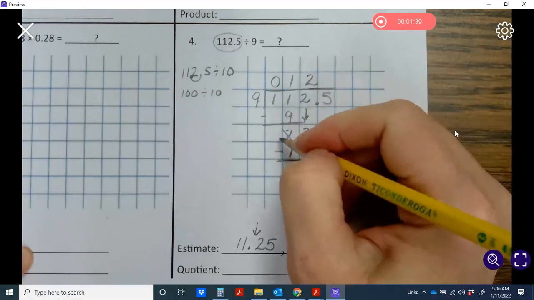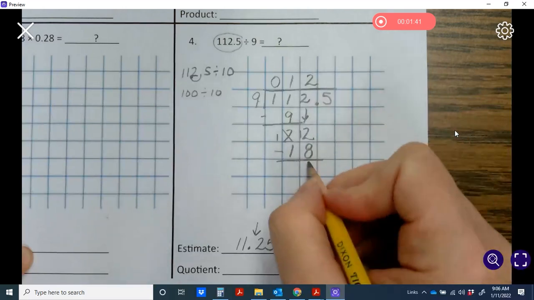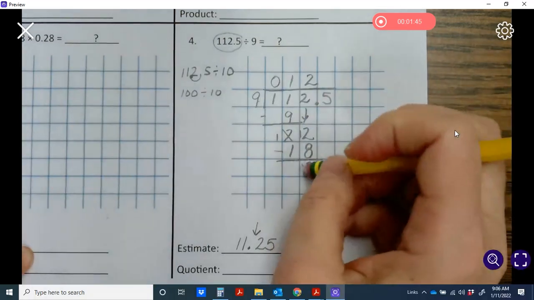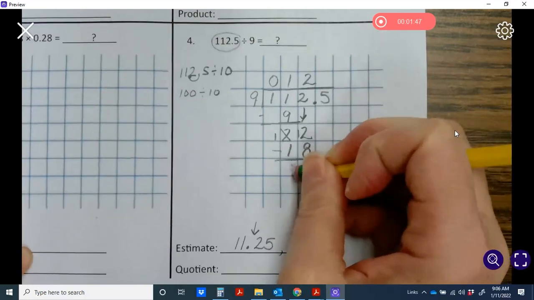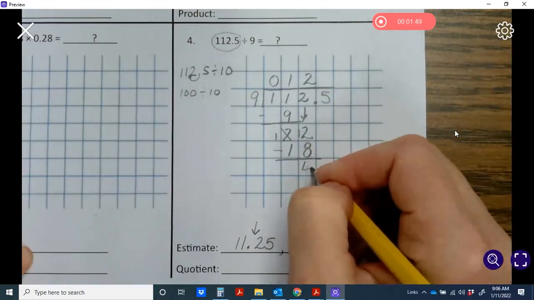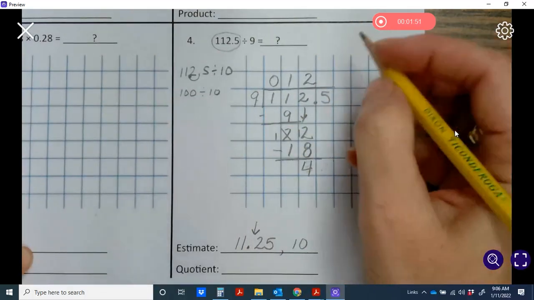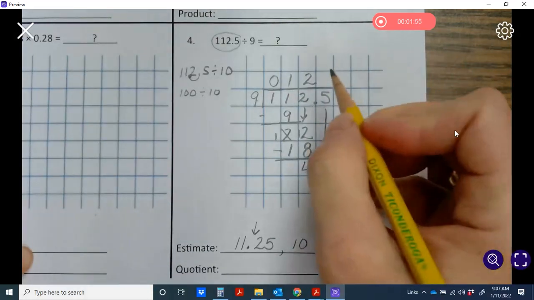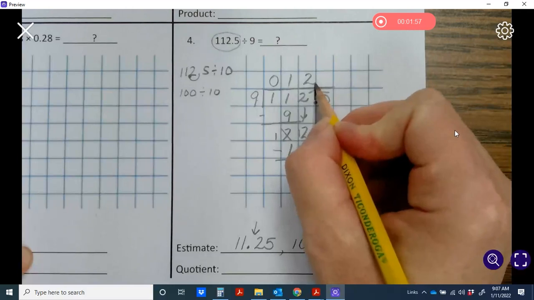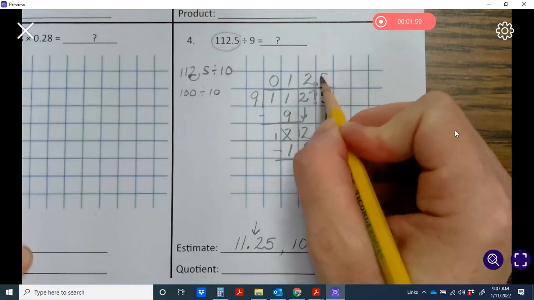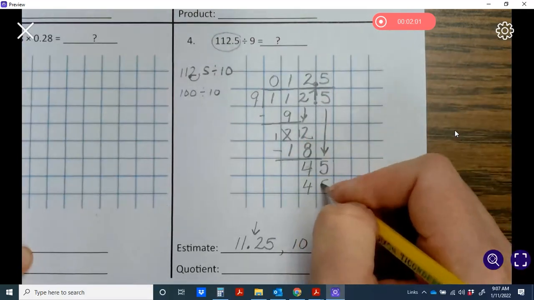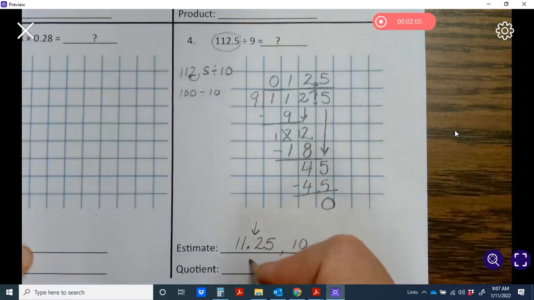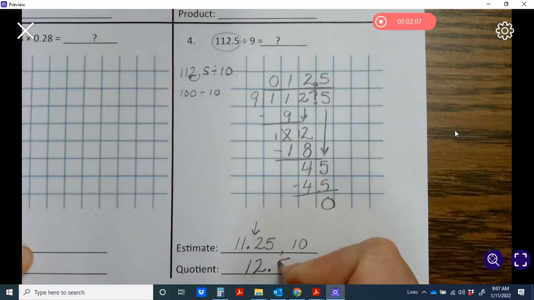And that's 4. Bring down the 5. And bring up the decimal point. And that will be 5, and that's 45. Subtract equals 0. So your answer is 12.5.